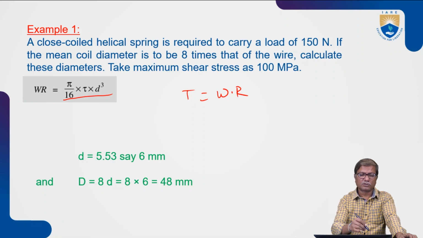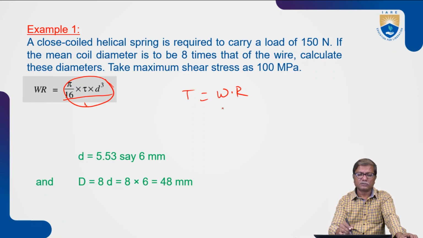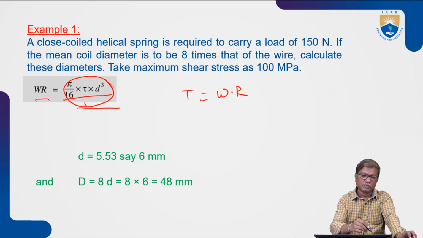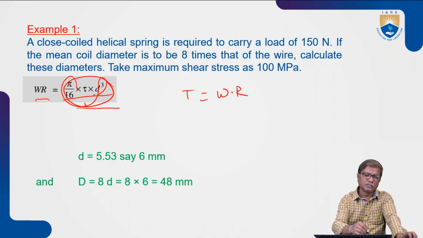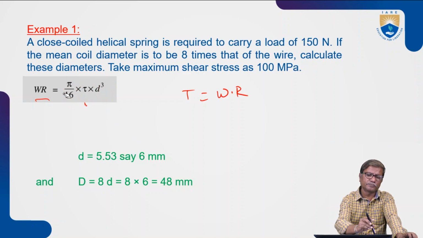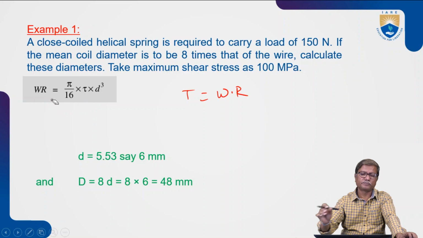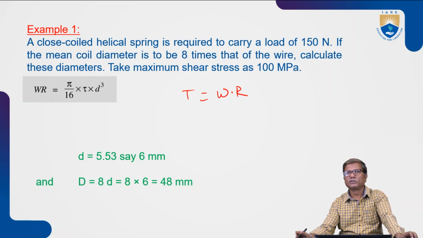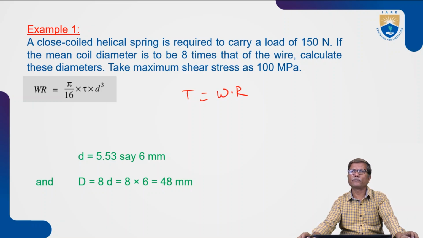So we can equate W R is equal to pi by 16 tau d cube. Pi by 16 d cube is equal to the section modulus, and tau is the shear stress.